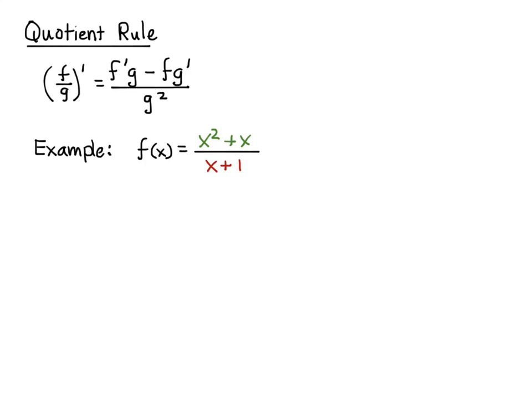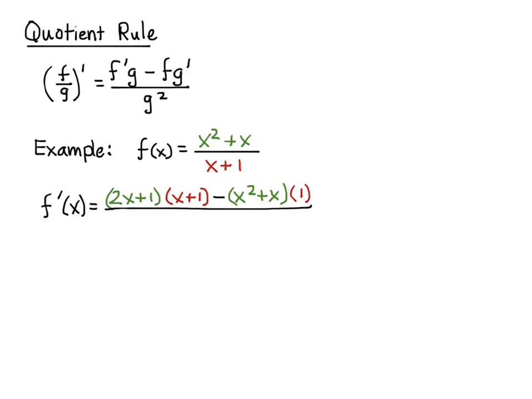I'm just taking one function divided by another function, and so when I apply my rule, I'll take the derivative of the numerator times the denominator minus the numerator times the derivative of the denominator. Okay, so you see where the red shows and the green shows where they came from, and then that's going to be all over that denominator squared.